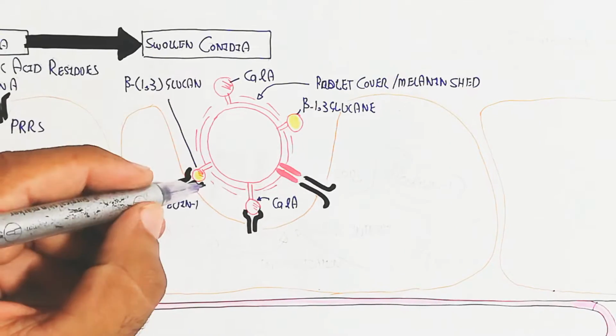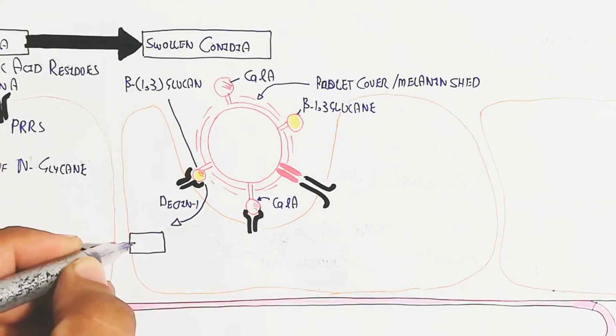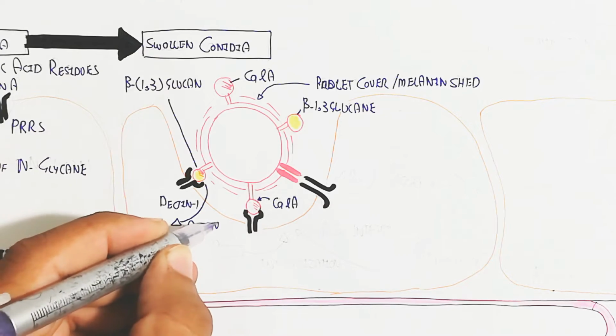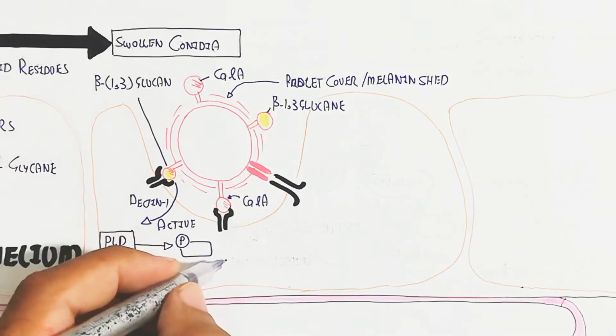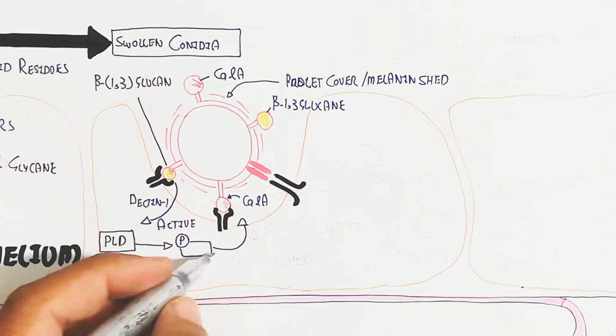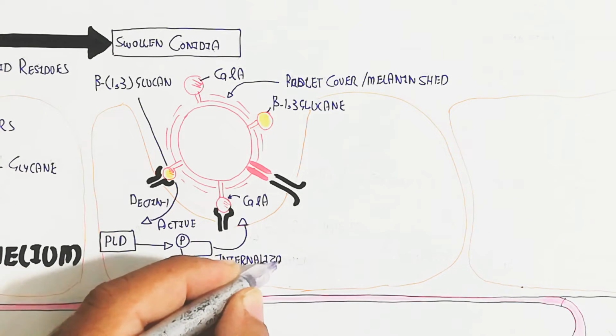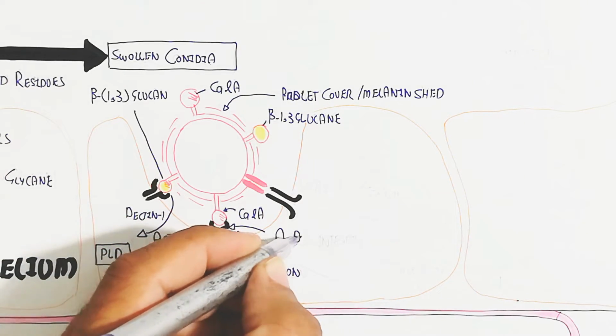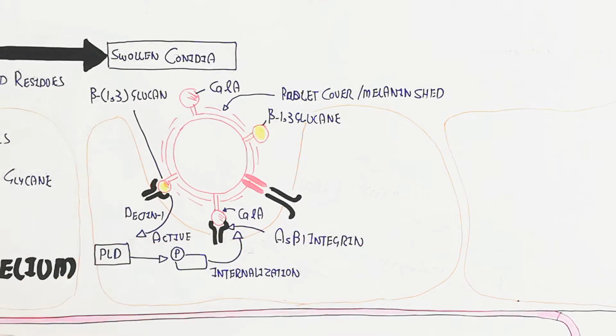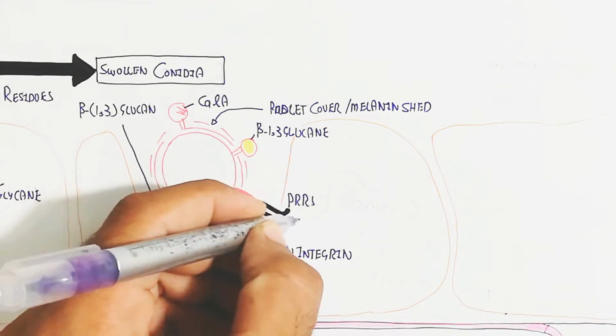Here is the dectin, and the beta-1 integrin will bind with the spores, and in this way internalization will be triggered. Here you can see the dectin will activate the PLD, leading to phosphorylation and activation, and in this way internalization will occur.